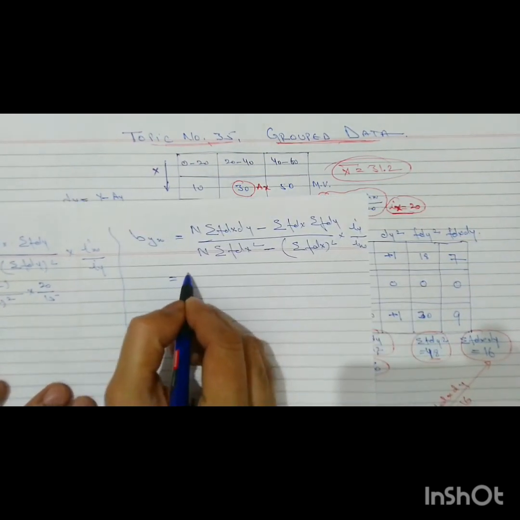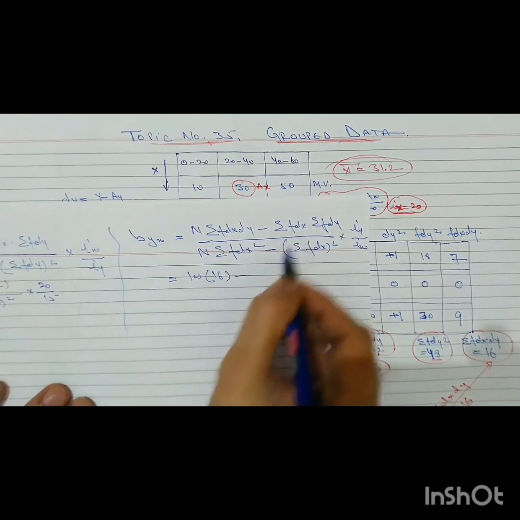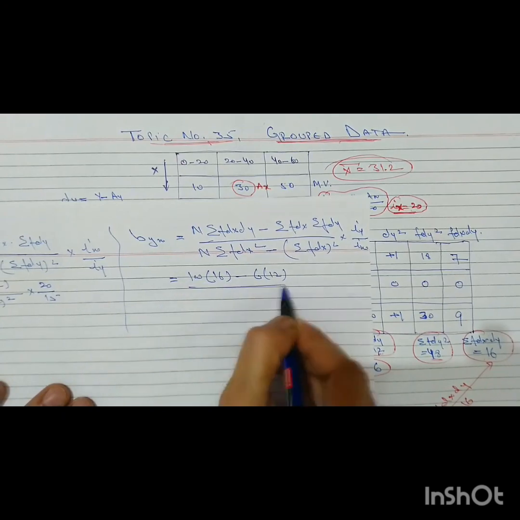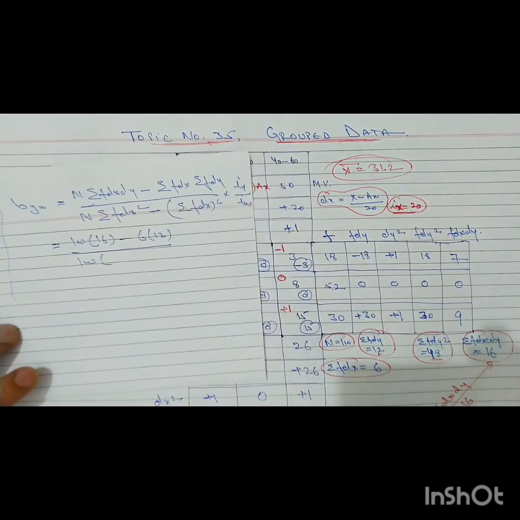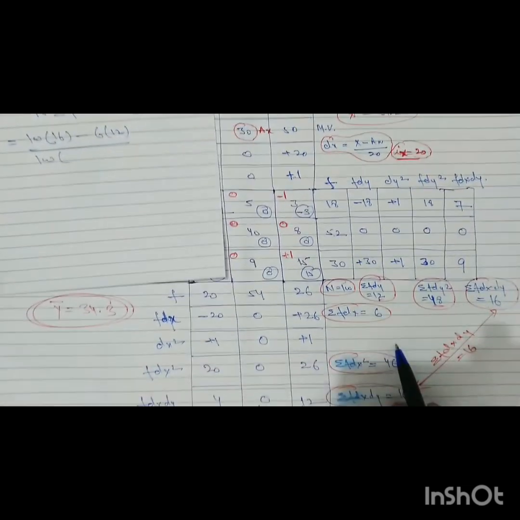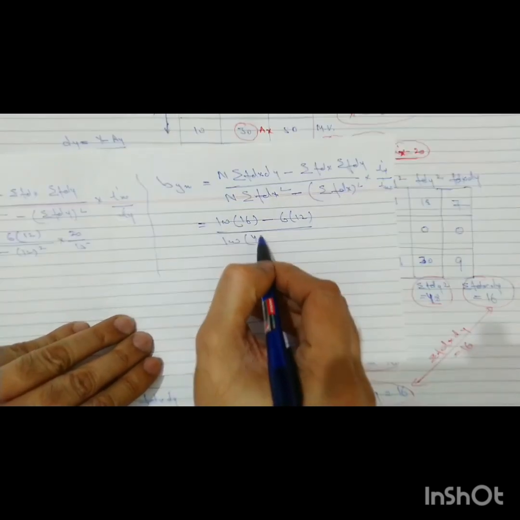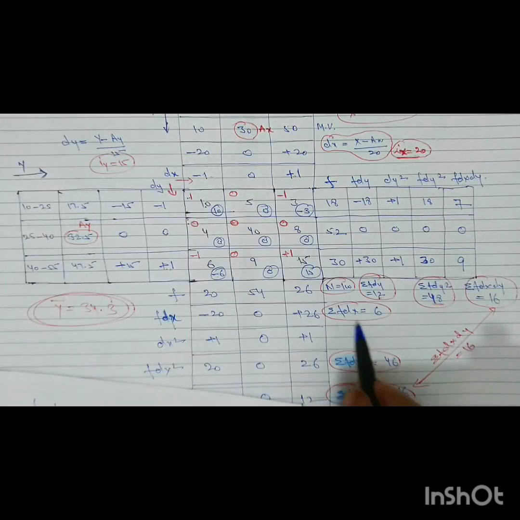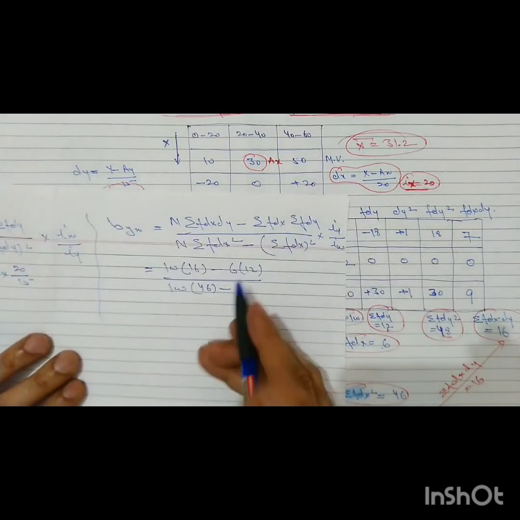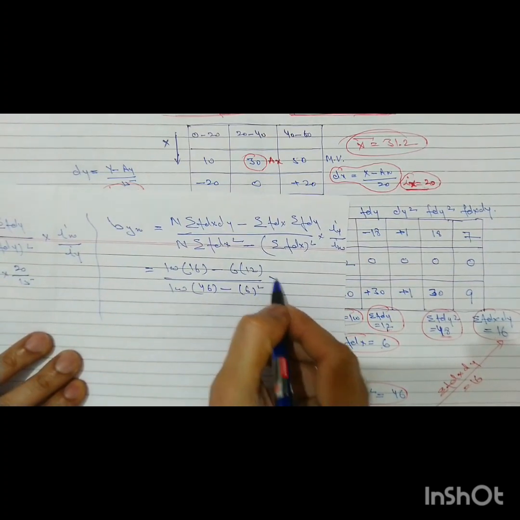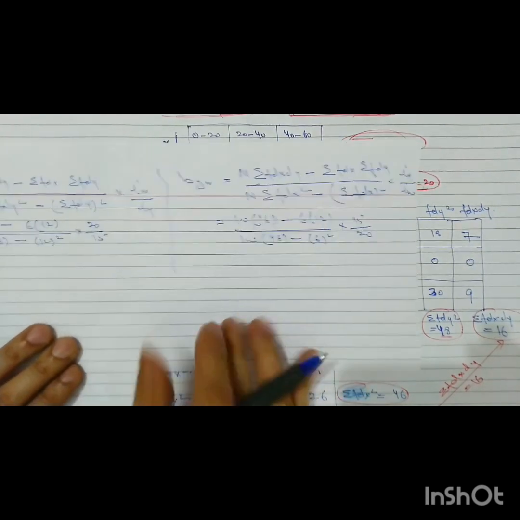Now putting all these values: 100 into summation f dx dy, which is 16, minus 6 into 12, over n is 100, into summation f dx square, which is 46, minus summation f dx, which is 6, the whole square, into Iy which is 15 and Ix which is 20.